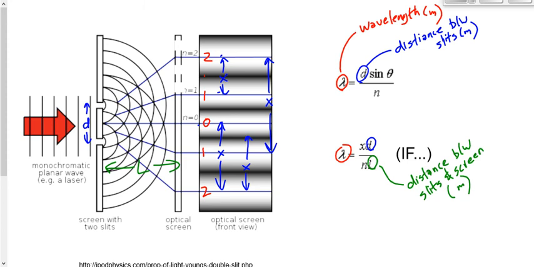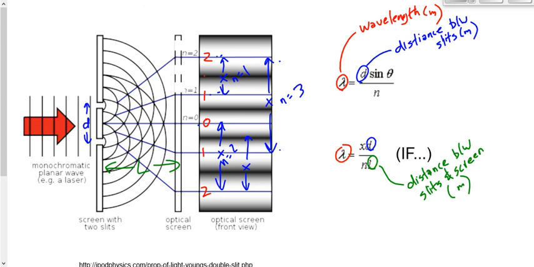N is the difference in the maximum number. So here, if X is that distance from 1 to 2, N for that one would be 1. 2 minus 1 is 1. Here we'd say N, since we're going from 0 to 2, would be 2. 2 minus 0 is 2. Here we'd say N, we're going from 1 on the one side to 2 on the other side, N would be equal to 3. 2 plus 1 is 3.